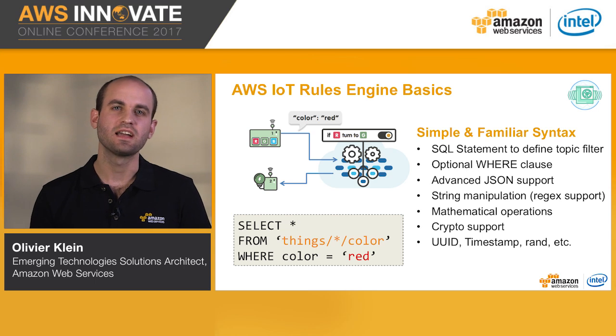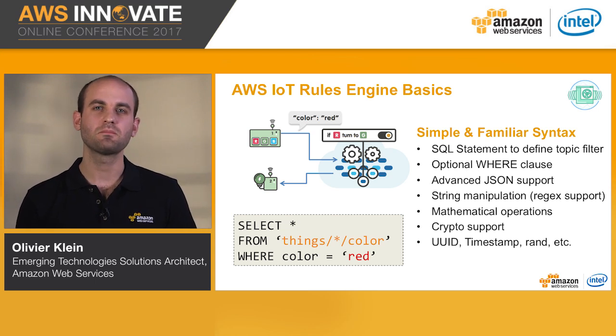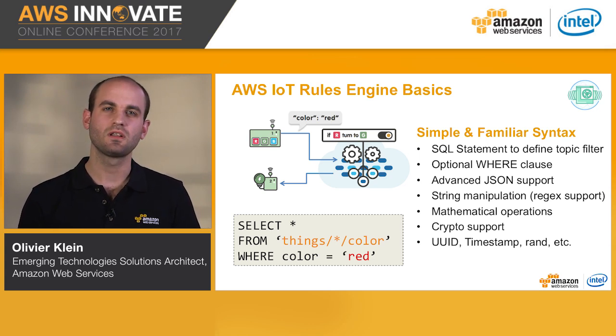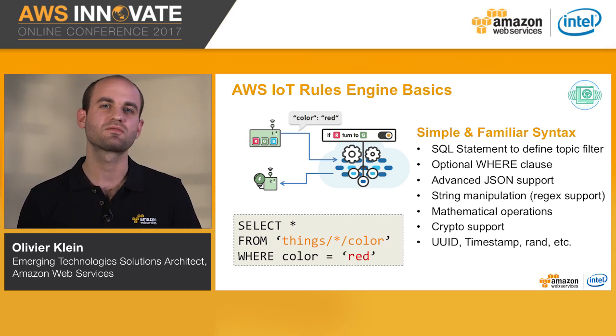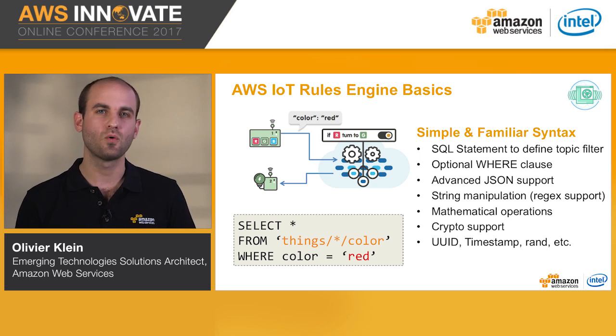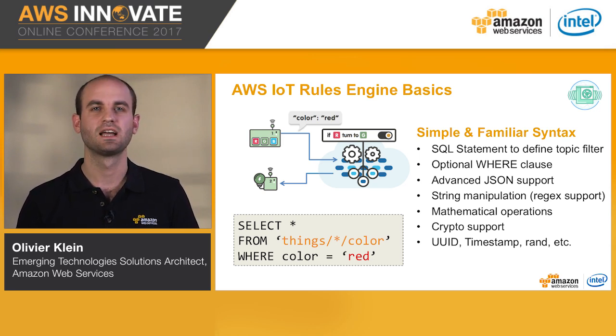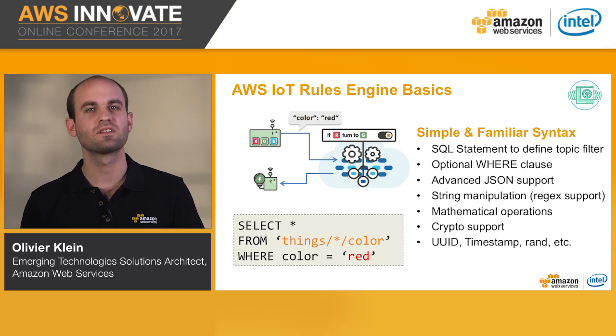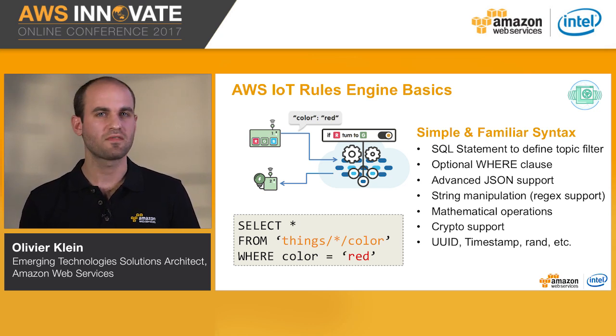As messages are coming in through the device gateway, they can be manipulated and rerouted using the rules engine. The rules engine uses a SQL-like syntax to select messages from topics and filter them before defining the rule action. This syntax also allows for more specific selects with advanced JSON support or mathematical functions. Let's have a closer look at this syntax.